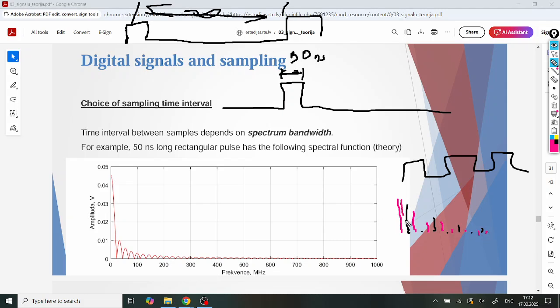And like this. All the way until it's creating this sin x versus x type line, which you can observe here.